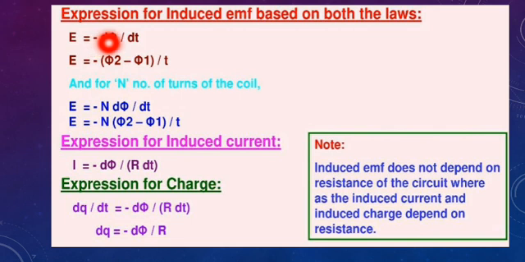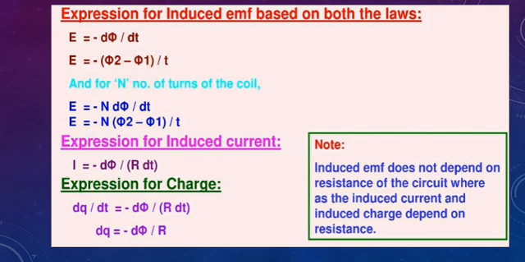This equation may be expressed in another way: phi 2 minus phi 1. Phi 2 is the final flux and phi 1 is the initial flux. That's why the rate of change of magnetic flux, change in magnetic flux with respect to time, d phi by dt, is phi 2 minus phi 1 divided by t.